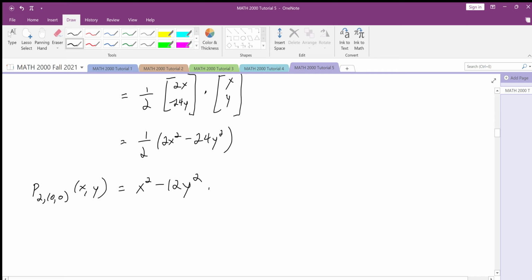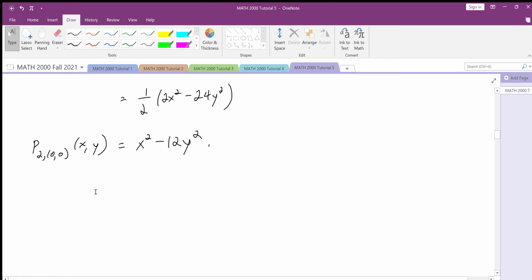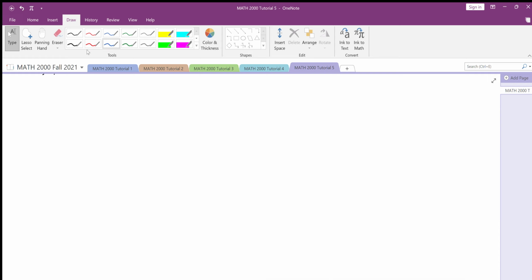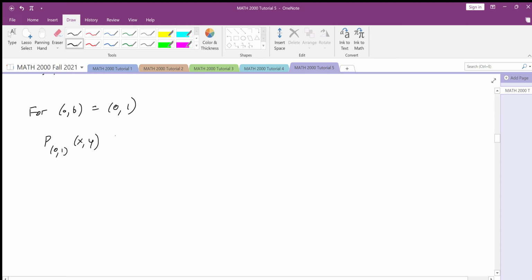Okay. So now the question asks us to do it for the other critical points as well. We're now done with the case where (a, b) is equal to (0, 0). Next case, (a, b) equals (0, 1). So P at (0, 1), (x, y): the function at (0, 1), the gradient is just 0, plus 1/2 times the Hessian.